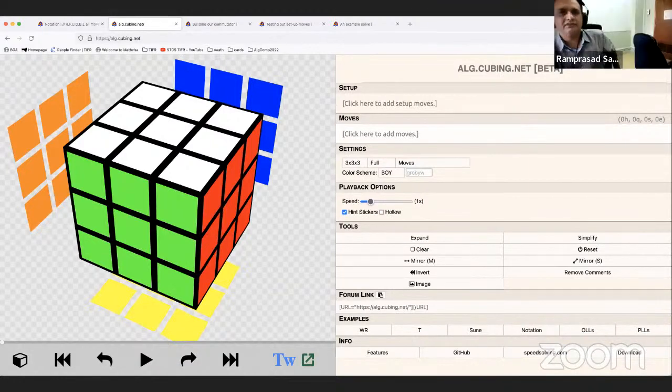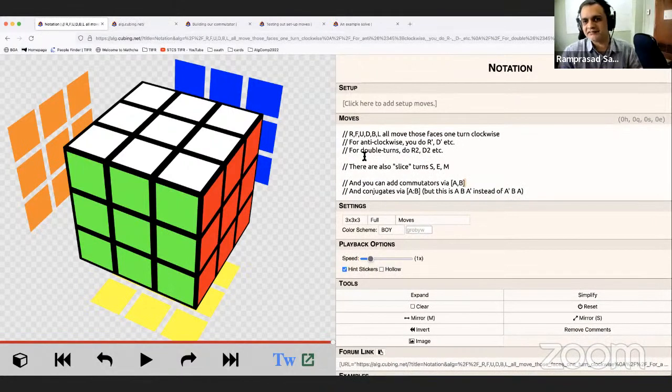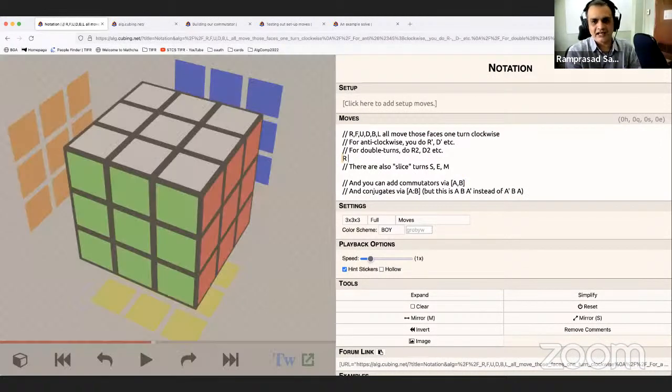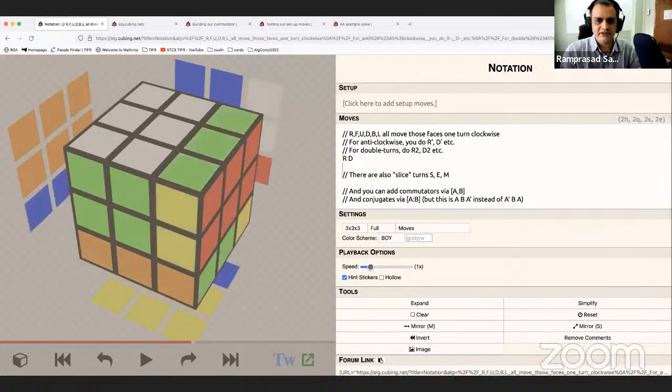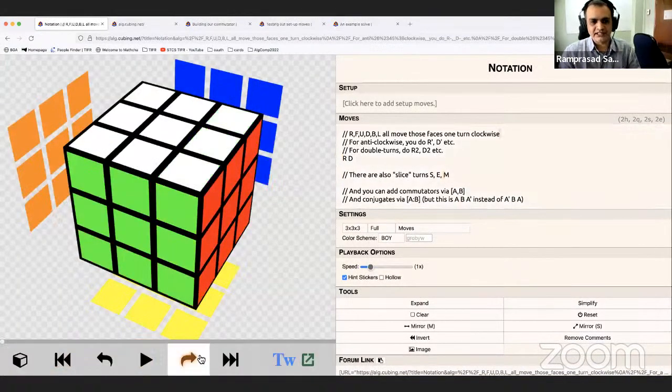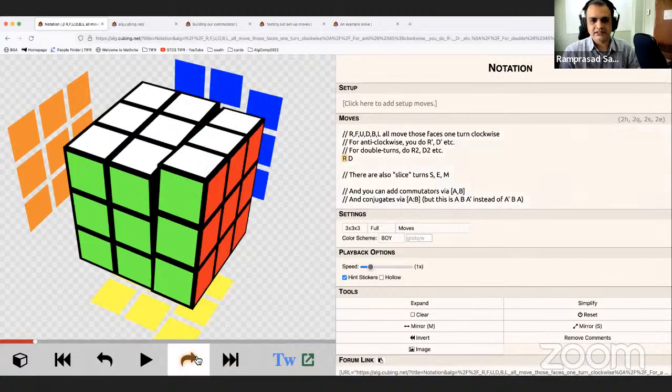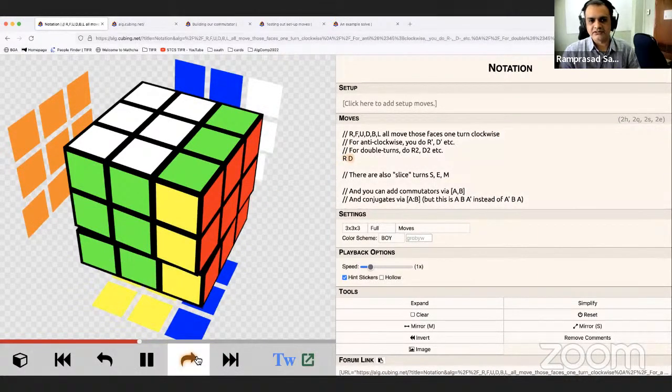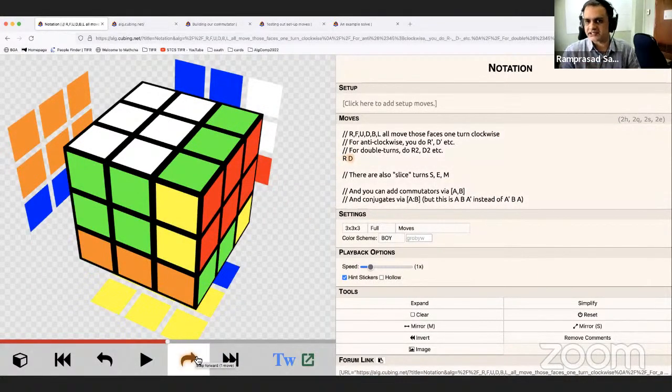Okay. So let me just start off with, I'm hoping that people have tried this out. It's a nice app where you can just write down your moves and it just executes them. So for example, if I write R and D, R refers to turn the right face clockwise, and D refers to turn the down face clockwise.